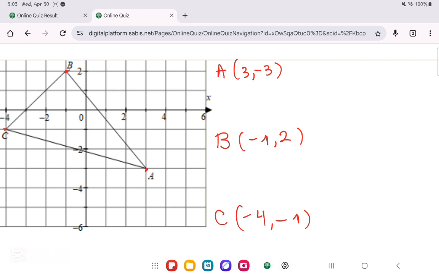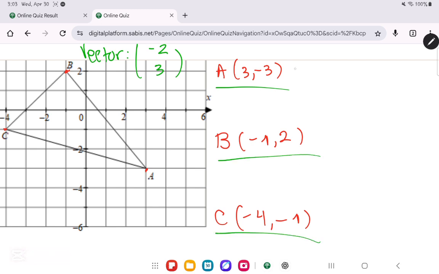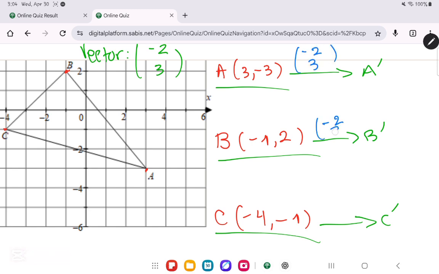The first thing we have is a translation using a vector, and they told us the vector is -2, 3. We are given the initial points A, B, and C, and we need to find the final points A prime, B prime, and C prime under a translation of the vector -2, 3.